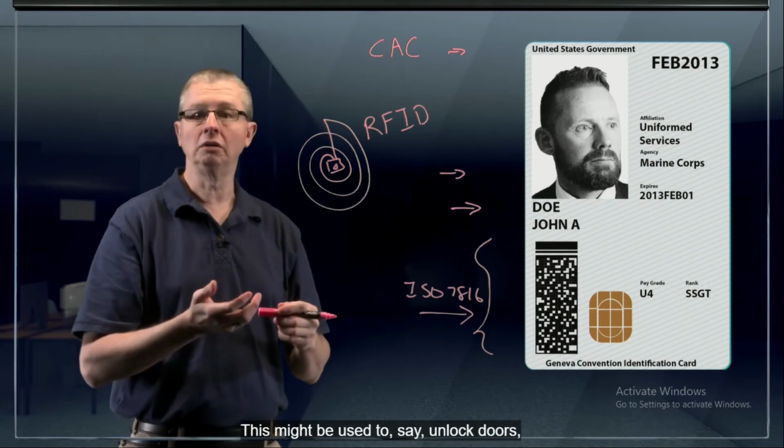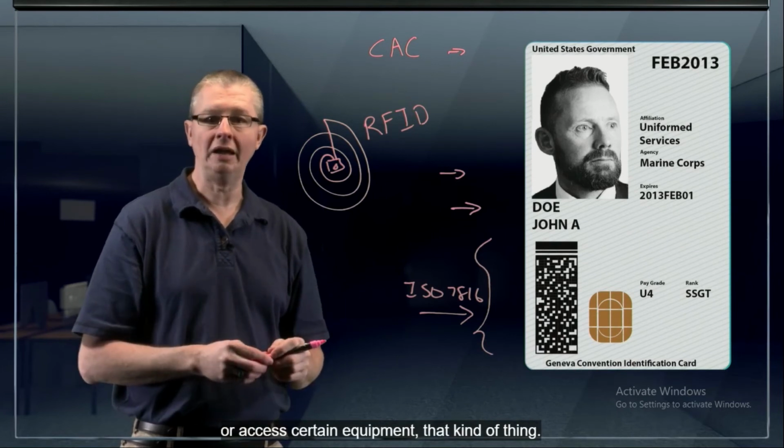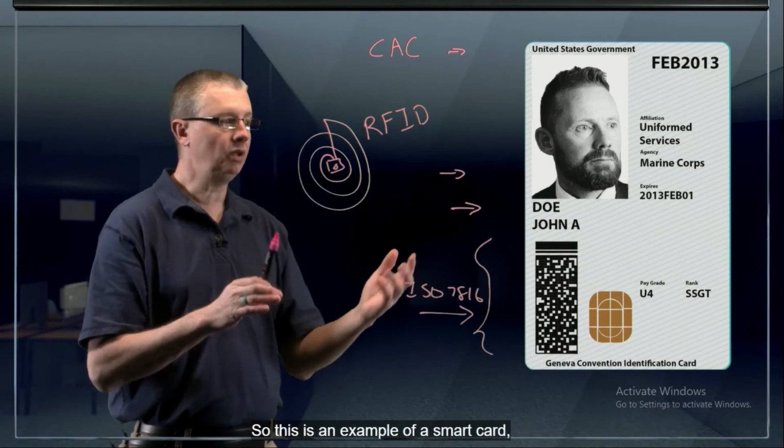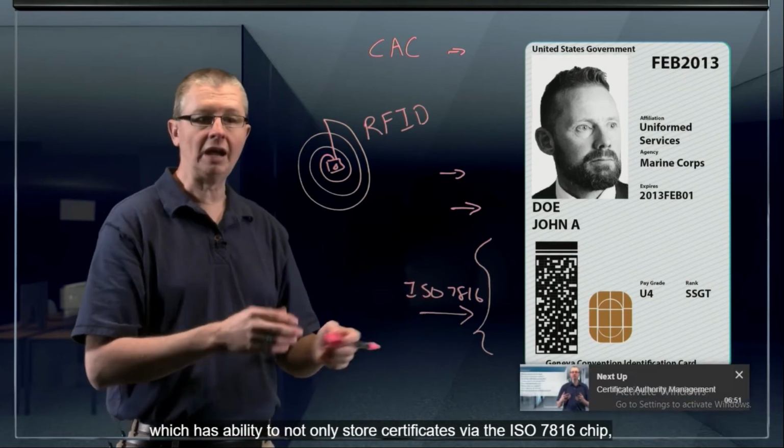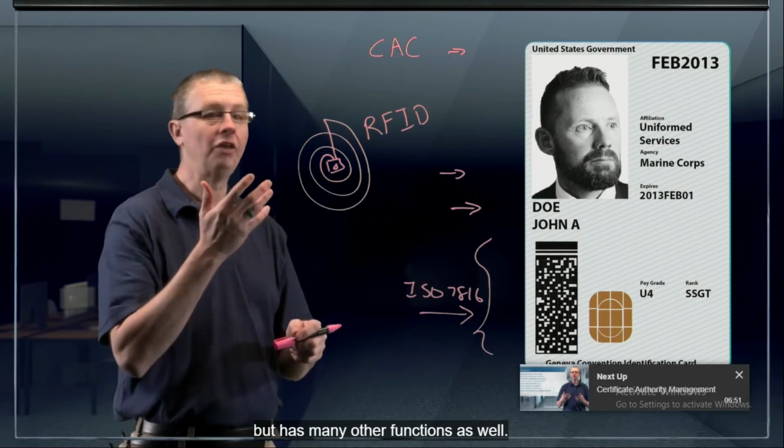This might be used to, say, unlock doors or access certain equipment, that kind of thing. So this is an example of a smart card, which has the ability to not only store certificates via the ISO 7816 chip, but has many other functions as well.